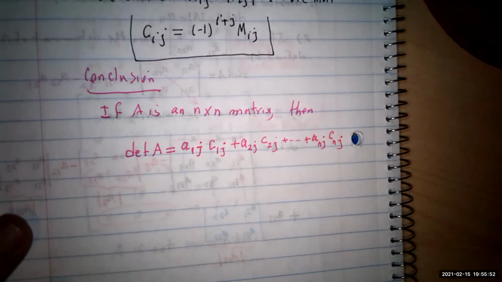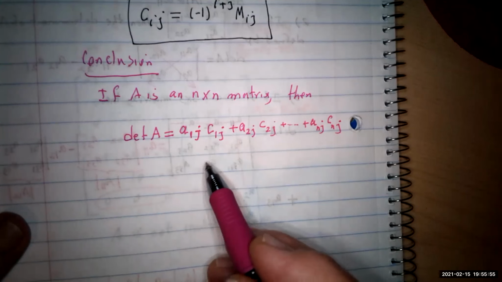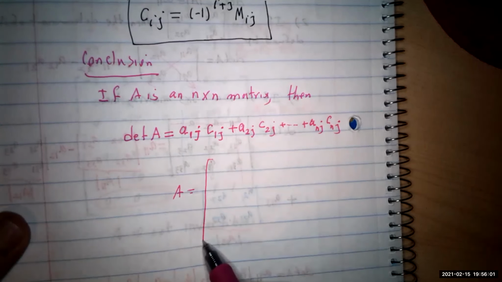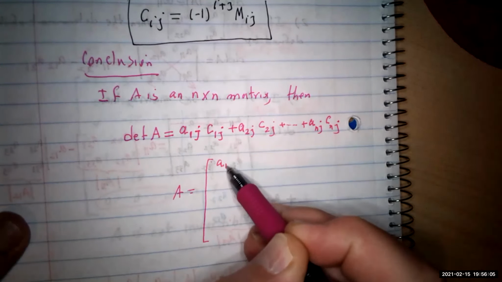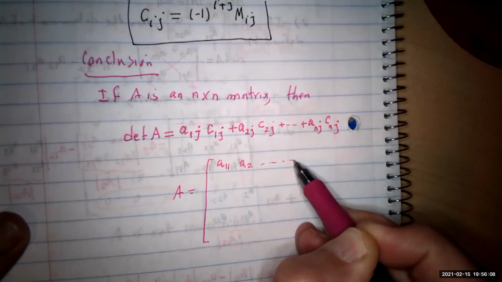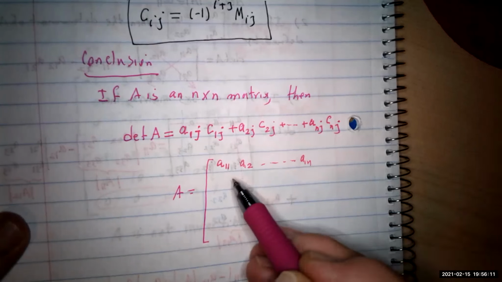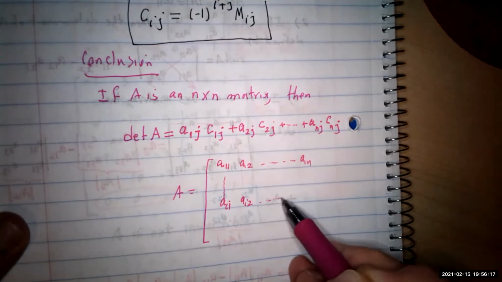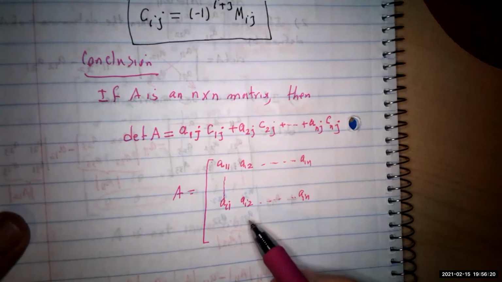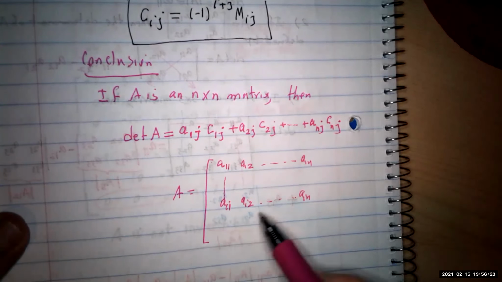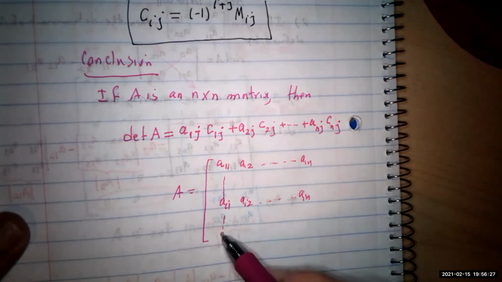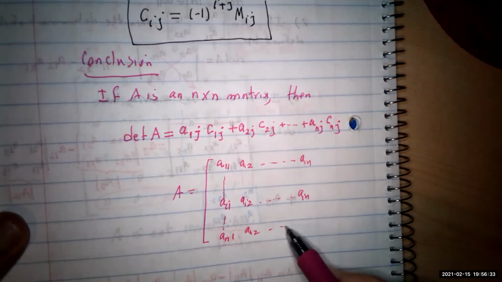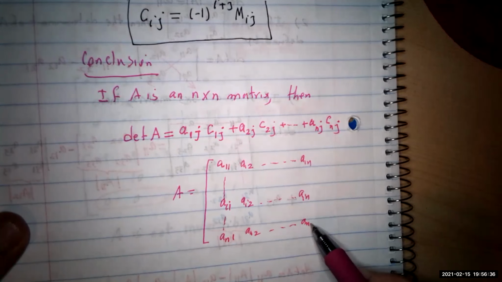So this is the matrix that you have. Your matrix starts with A11, A12 up to A1n. Somewhere there is going to be Ai1, Ai2 up to Ain. Then you go to An1, An2, and eventually we get to Ann.